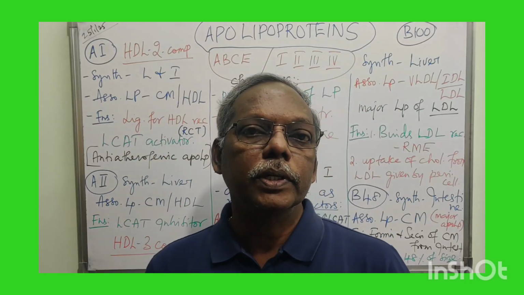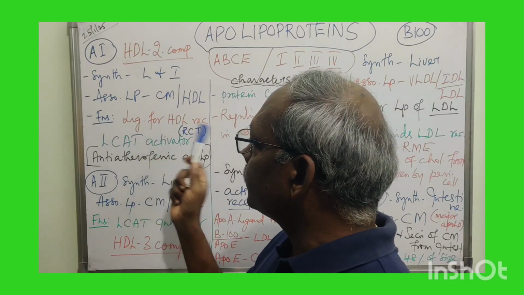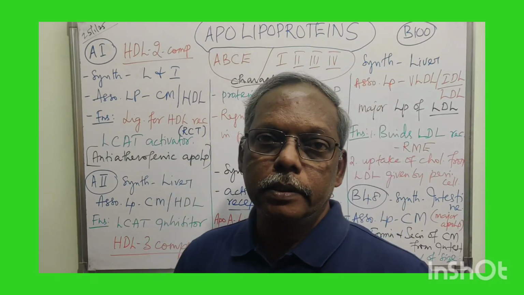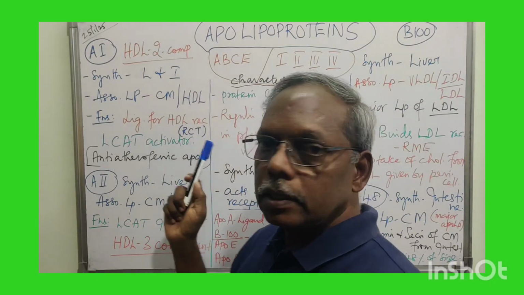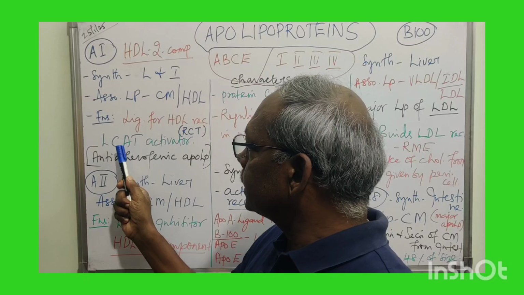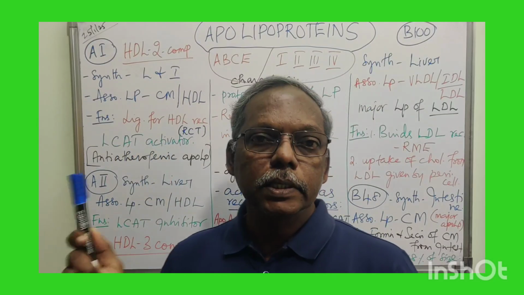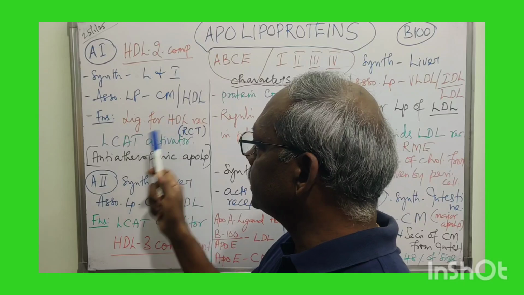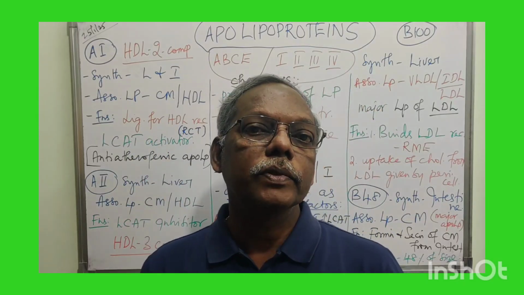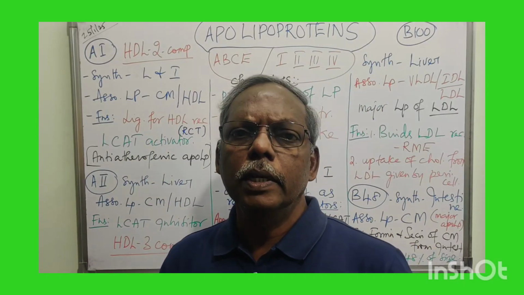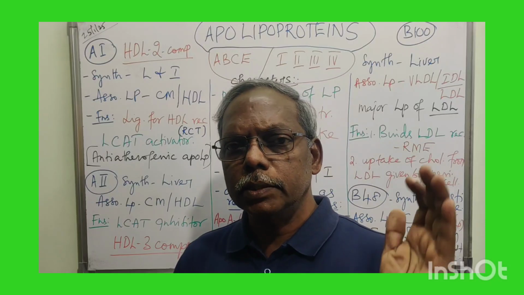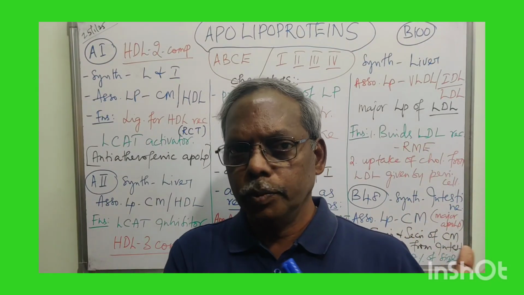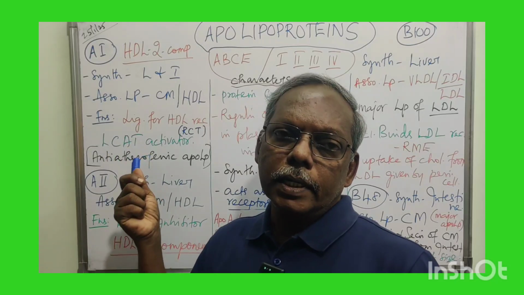Functions: it has an important function, that is ligand for the HDL receptor, involved in RCT, reverse cholesterol transport. It is an LCAT activator, that is lecithin cholesterol acyl transferase activator. HDL and LCAT are involved in reverse cholesterol transport. You know very well about reverse cholesterol transport. That is, from the peripheral tissues to the liver, the cholesterol is transported with the help of LCAT enzyme.